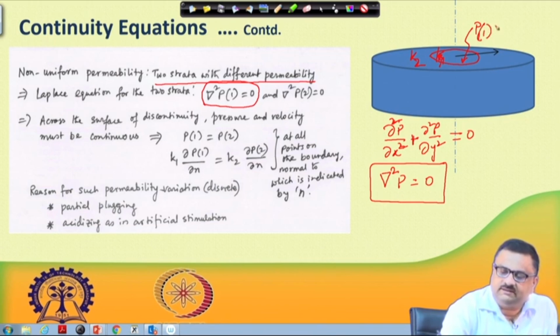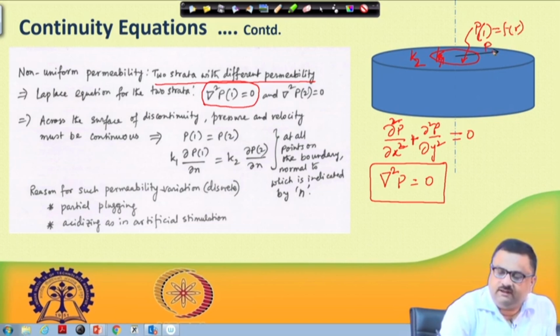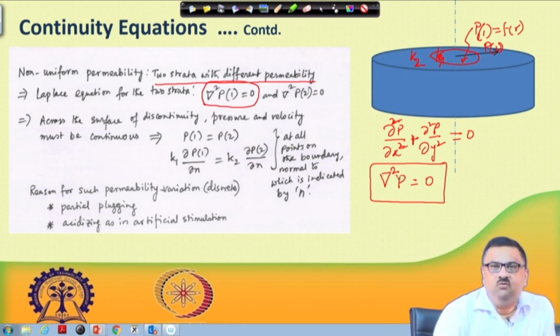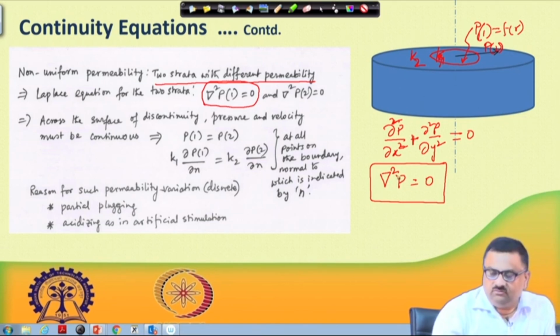This is some function of R. Similarly, we have another pressure, P2, which is applicable for the region outside this inner cylinder. So, that is the region where the pressure we call P within bracket 2. So, instead of 1 P, now we have P1 and P2. They are functions of R, and they have their own ways to explain things.